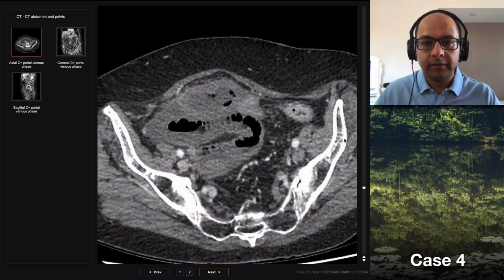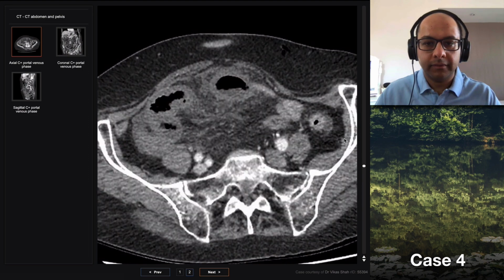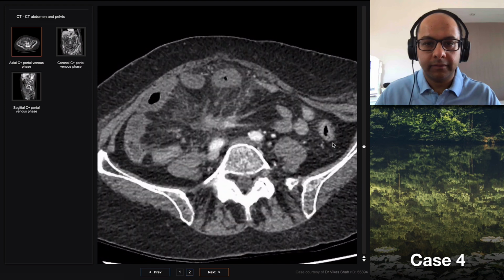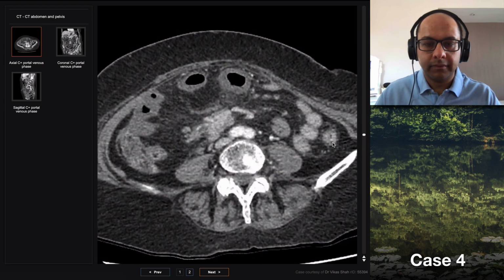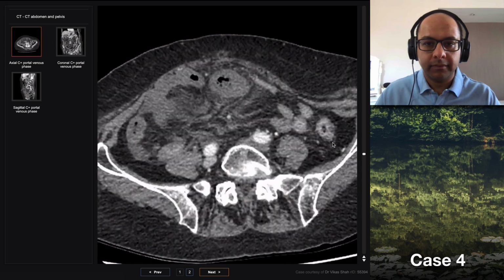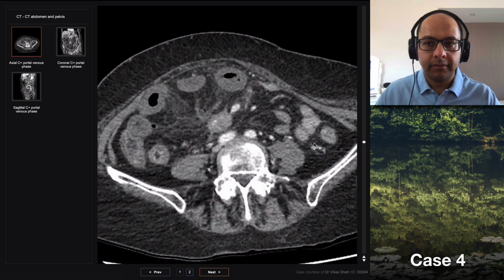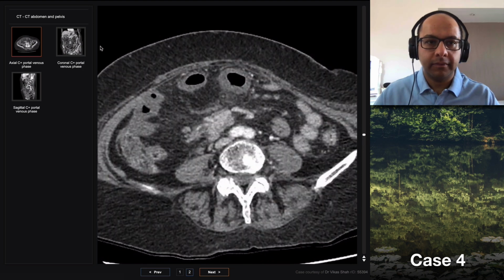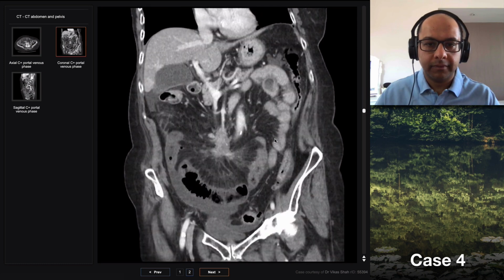There's associated mesenteric fat stranding, and there is a soft tissue mass lesion in the mesentery adjacent to these bowel loops, with an associated desmoplastic kind of reaction. There are a few foci of calcification within these lesions, and the SMV and the SMA appear to be engulfed by this lesion.